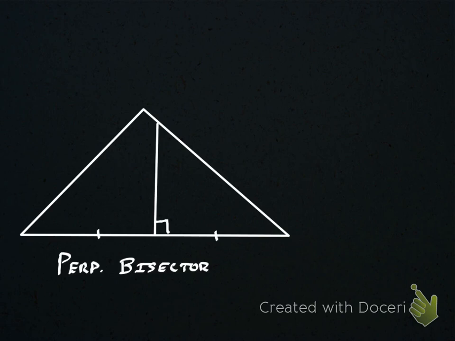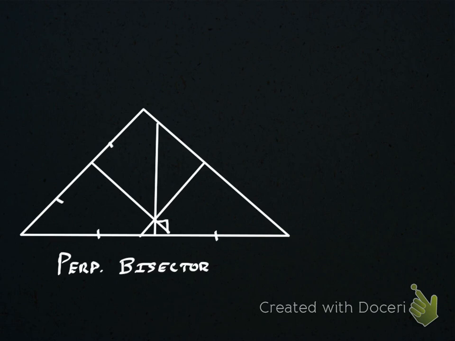Bisector. Now, perpendicular bisectors in a triangle have a special property if we draw all of the perpendicular bisectors of that triangle. So for example, if we cut a different side of our triangle in half, perpendicular, and we cut another side of our triangle in half, perpendicular.